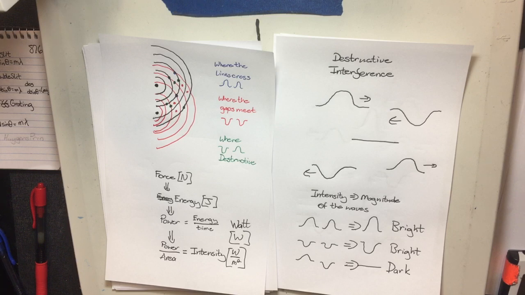Well, where the lines meet the lines, I think those are black. Where the gap meets gap, that's red. Where a line meets a gap, that's green. Yeah, and you can even tell the upper one looks bluish, the middle one is red.